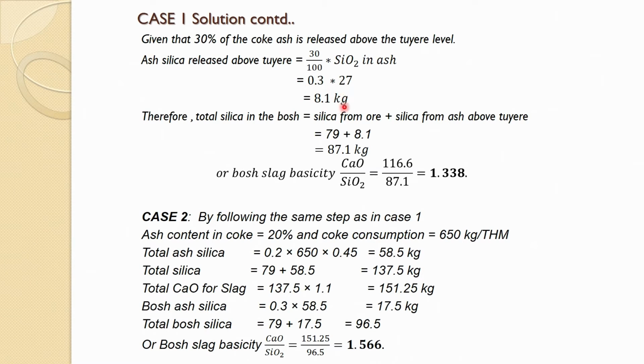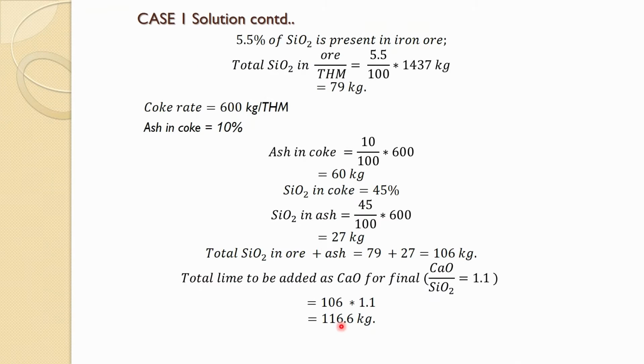This is the amount released above the tuyere level, which will form part of the Bosh slag. So, total silica in the Bosh region coming from the ore is about 79, and coming from the S is about 8.1. So, that gives 87.1 kg. Now, lime will not change, which we already got as 116.6.